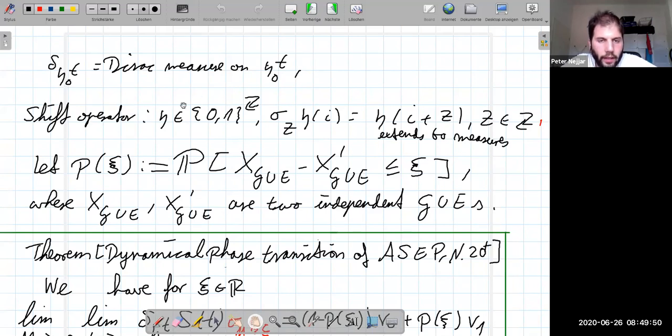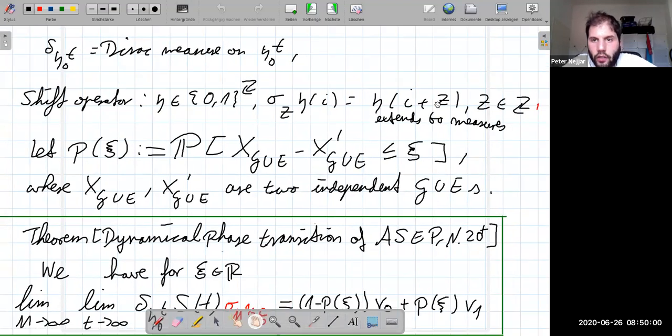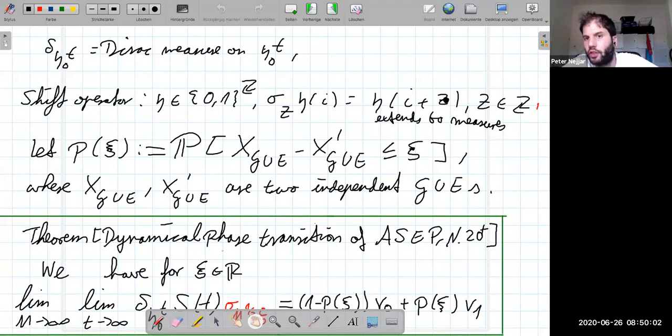Given a configuration eta, we define the shift operator sigma z of eta, which is just the configuration eta shifted by the integer z. And the shift operator naturally extends not only to configurations, but to measures on configurations.